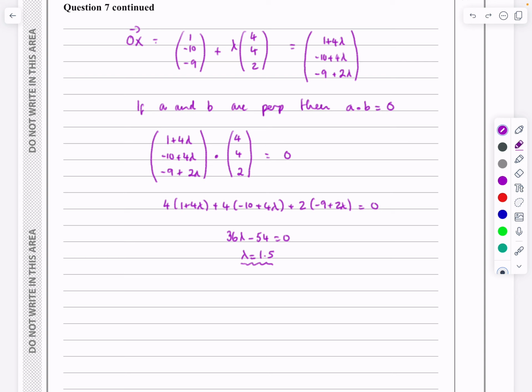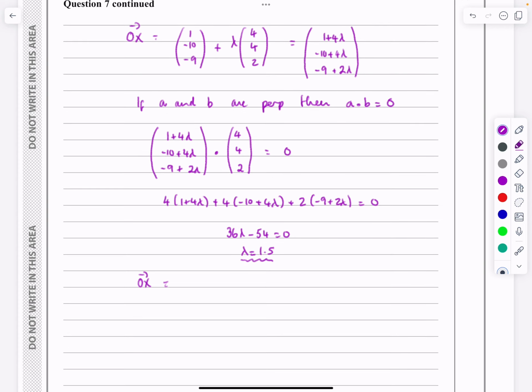So we'll get that OX is equal to, do it slowly, 1 plus 4 lots of 1.5, -10 plus 4 lots of 1.5, and -9 plus 2 lots of 1.5, which then works out to be (7, -4, -6).